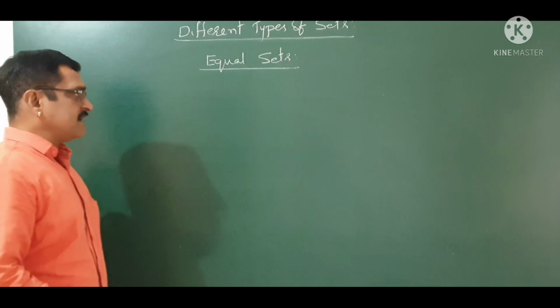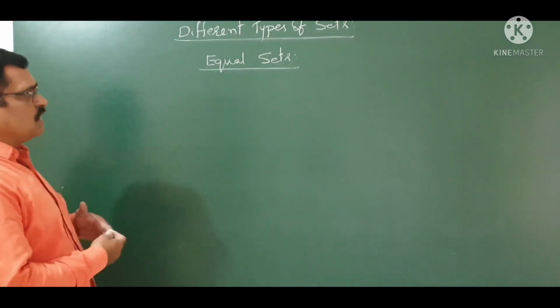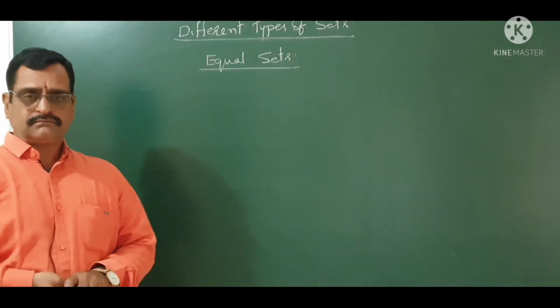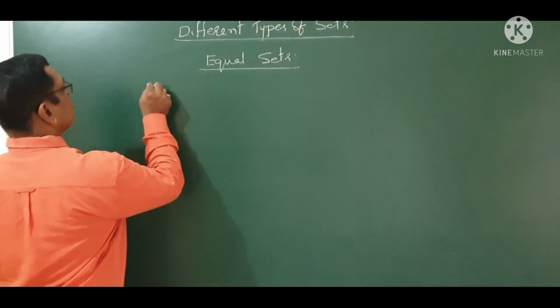The fourth set in our lesson is equal sets. When do you say two sets are equal? Let A and B be two sets.